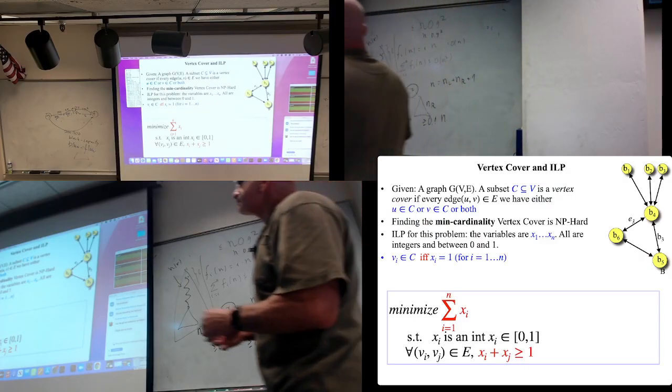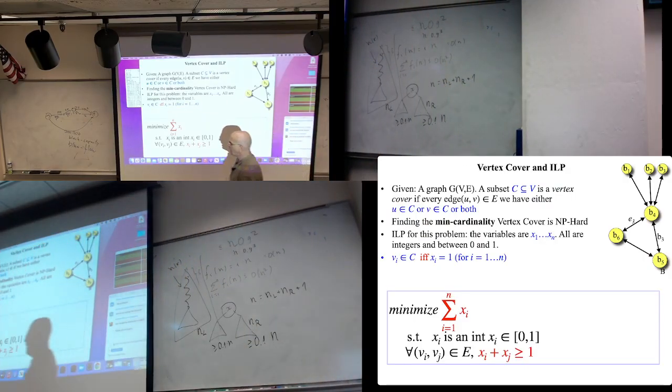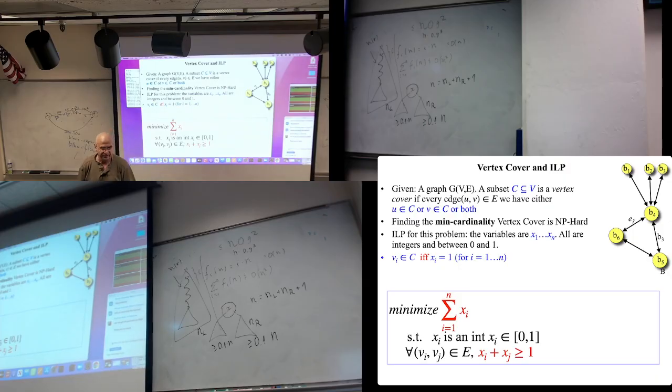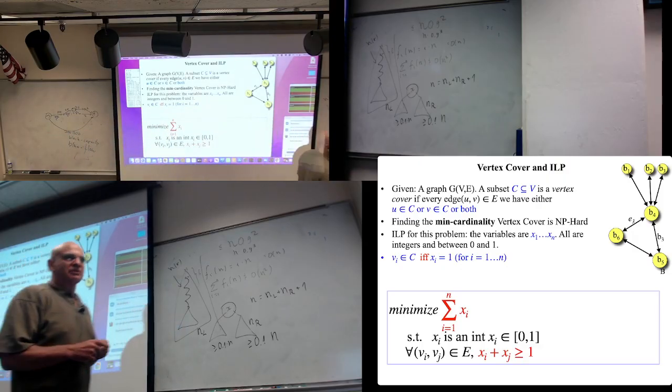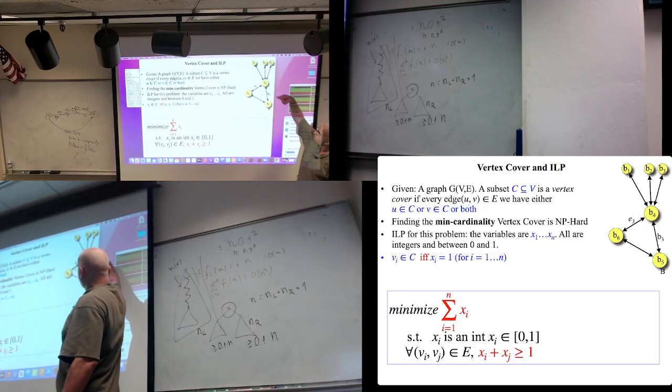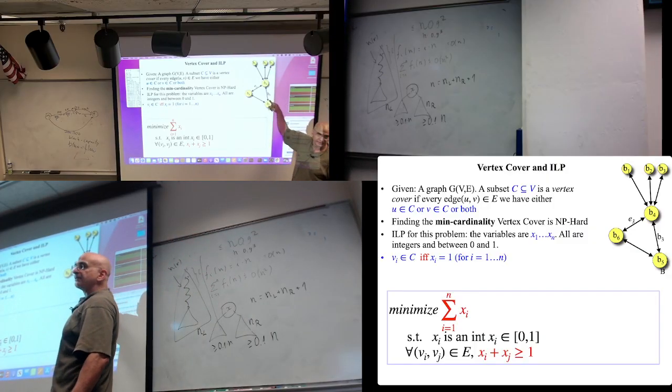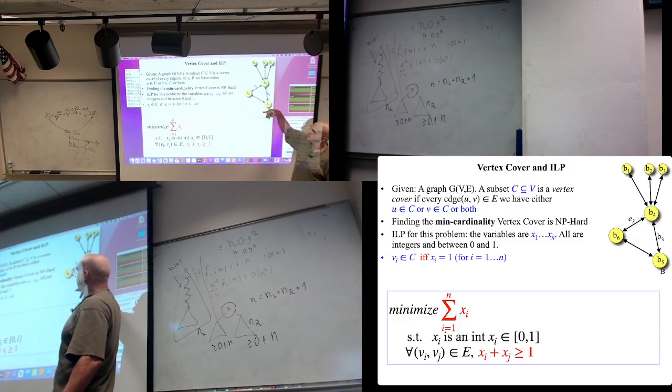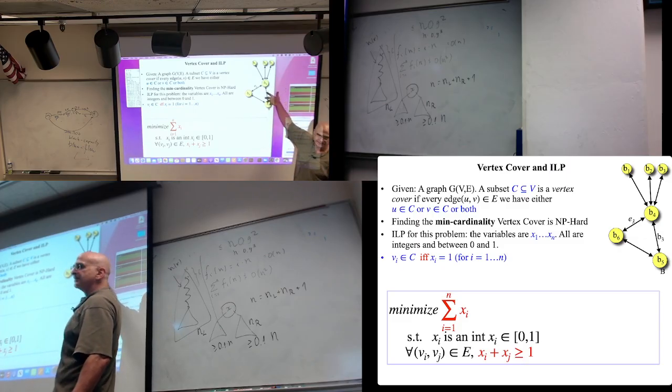Vertex cover. Vertex cover in a graph. Again, one of the very, very famous problems. You are given a graph, and the graph consists of edges and vertices, and I want to pick a subset of the vertices so that I cover all the edges.